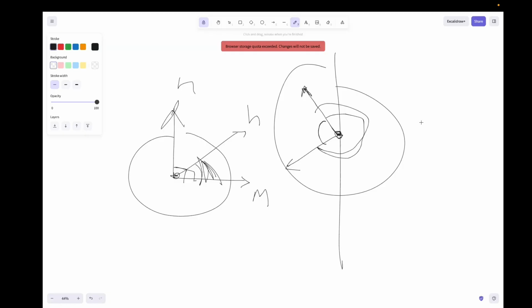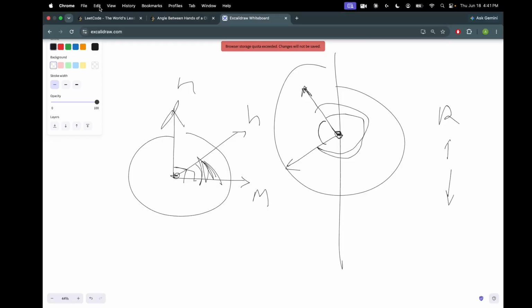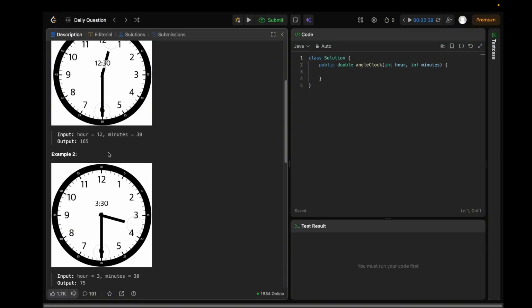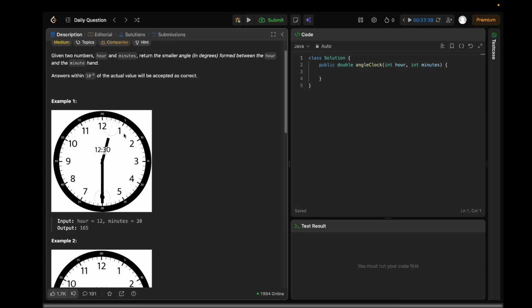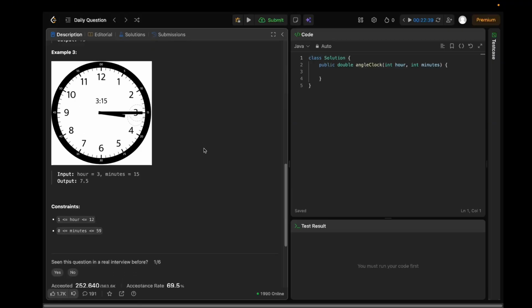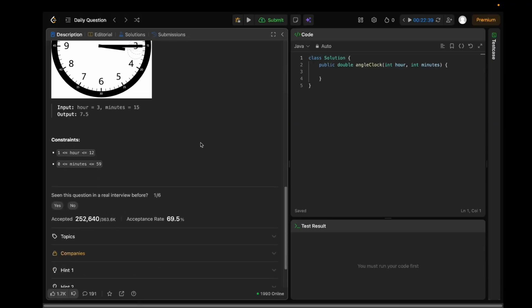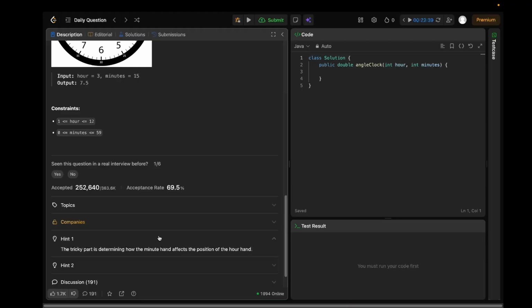So if I have 12:30, the answer should be 180, right? Oh, 12:30, it's not actually 12. How does the minute hand affect the position of the hour hand?